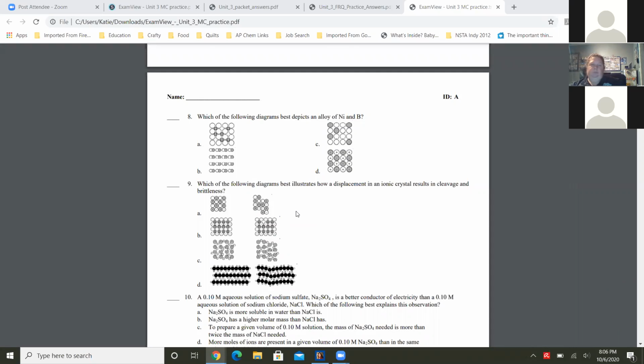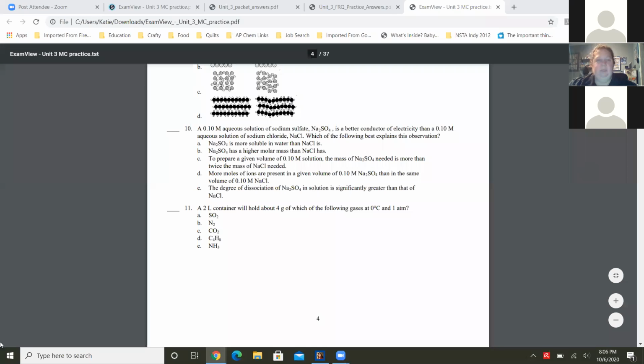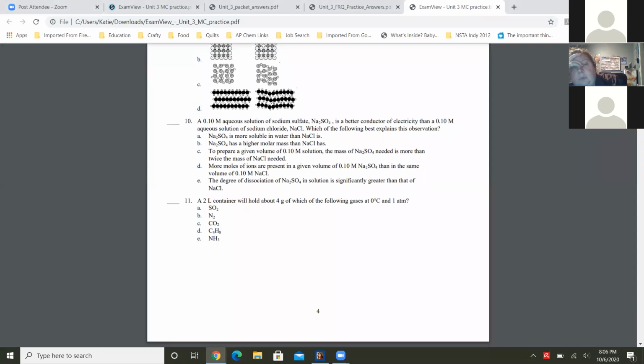And then on number 11, I just wasn't sure how to do it. Okay. Oh man, this is when I wish I had my stylus. So what's going on in number 11 is it specifically tells us we're at 0 Celsius and 1 atmosphere, and so we know that that's at STP.